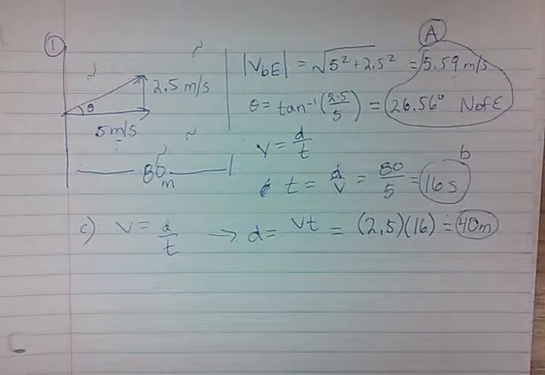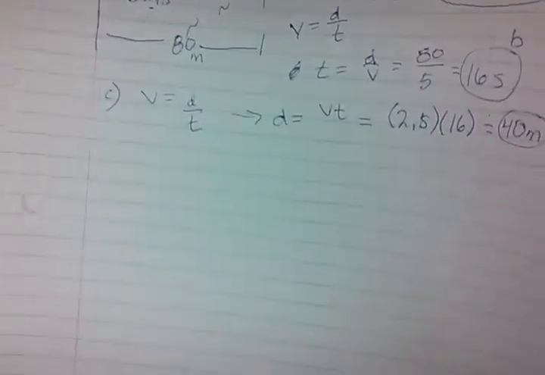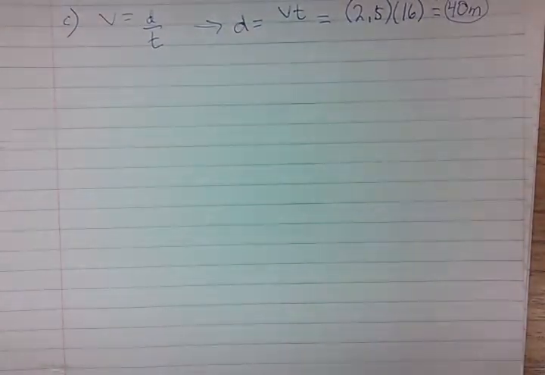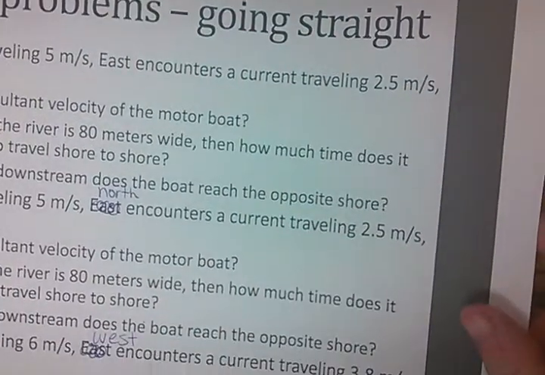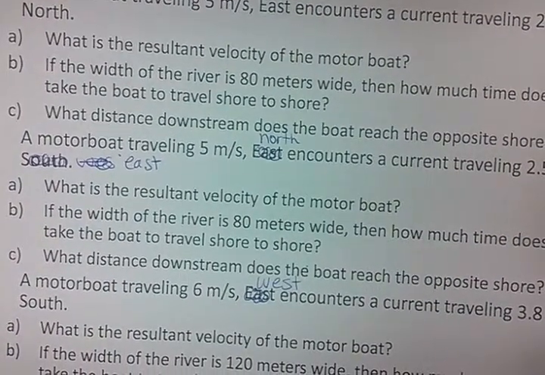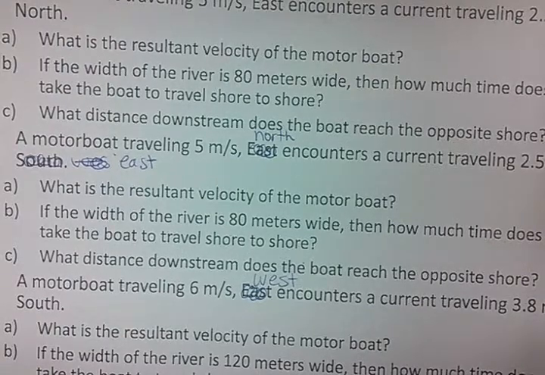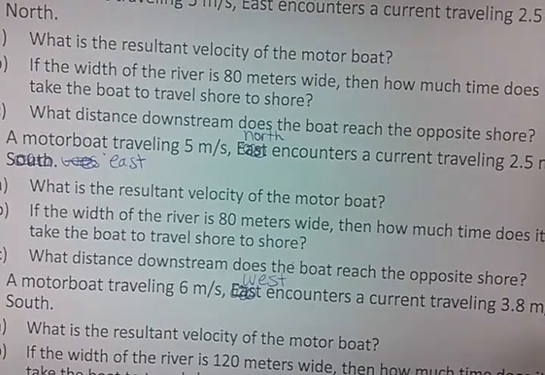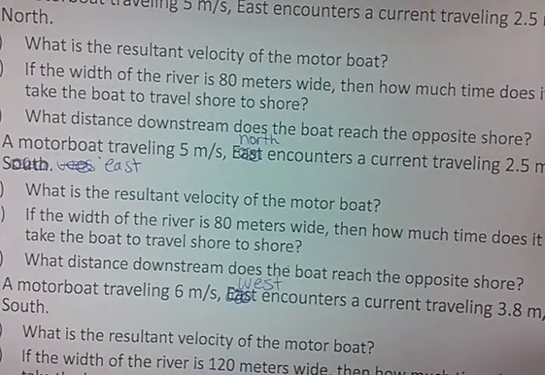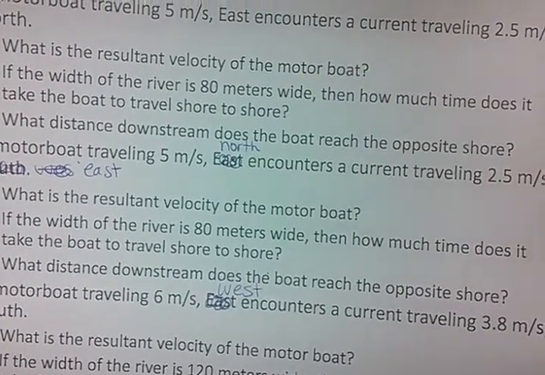All of the problems are pretty similar, but I think it's worth doing them all so we can get practice visualizing. So problem 2 says, and I changed it a little bit, a motorboat traveling 5 meters per second north encounters a current traveling 2.5 meters per second east. We want to find the same things that we found in problem number 1.